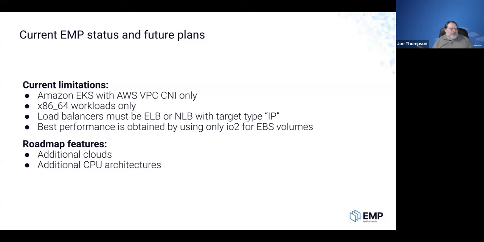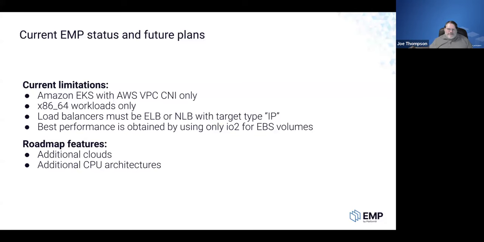This one's not a hard requirement, but it's a best practice. You want to use IO2 types for any EBS volumes that you're using. The reason is that if you're provisioning volumes from EBS for your Kubernetes workloads, and we live migrate the EVM that those pods are running on, we have to migrate those volume attachments.